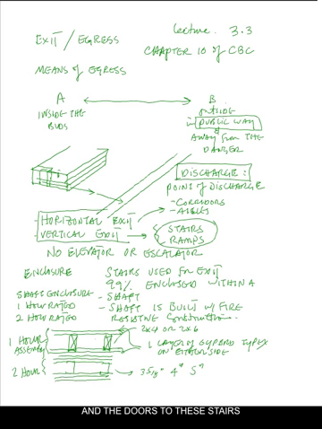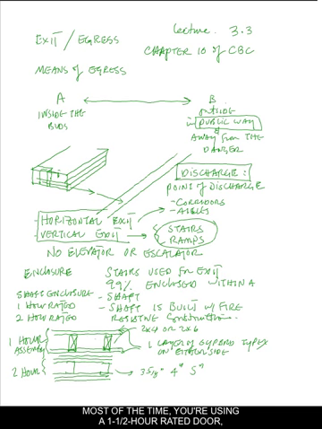And the doors to these stairs must maintain the appropriate rating for this. You have a variety of doors that are rated based on tests, and for example, for a 1 hour shaft you need to use a 1 hour door or a 20-minute door as they call it, and for a 2 hour shaft you need to use a 1.5 hour minimum and 2 hour typical.